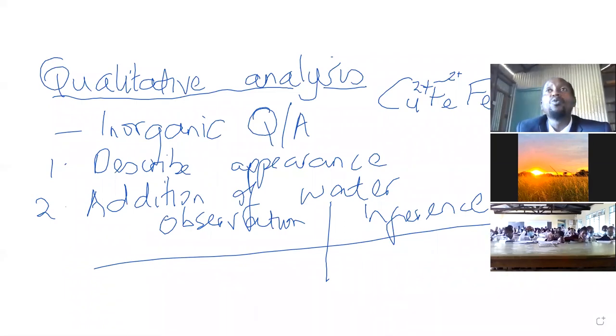Can be to form a white suspension, to form a blue or a green suspension. Remember, you do not say it forms a precipitate. A precipitate is formed from solutions. A suspension is formed when you are adding an insoluble solid to a solvent. So here you use the word suspension.